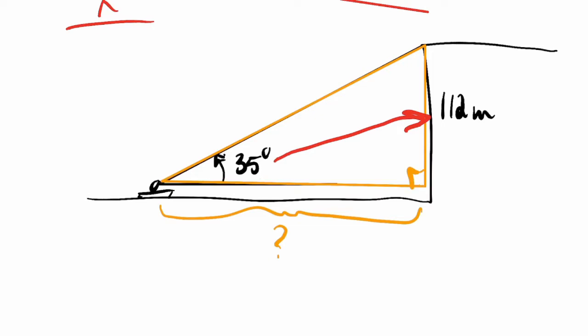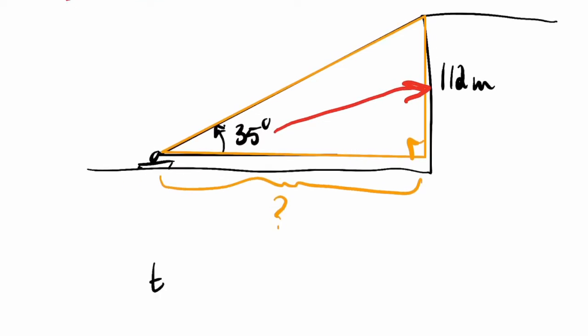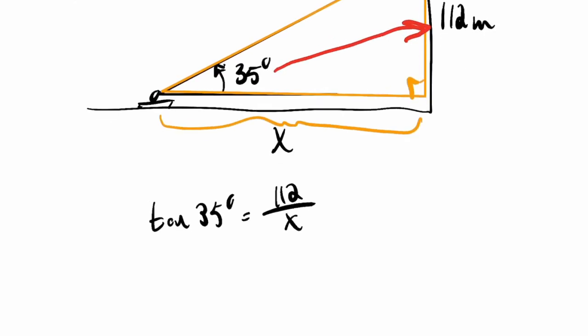So I'm going to say that tangent of 35 degrees is equal to 112 over the thing we're looking for. I'll call it x instead of question mark. Now I just need to solve for x, and I'll know how far it is. So I will multiply by x on both sides.